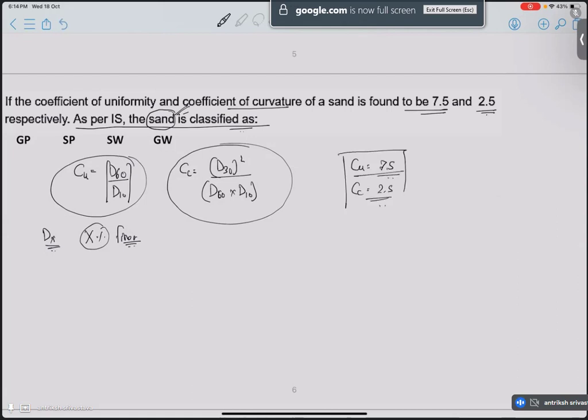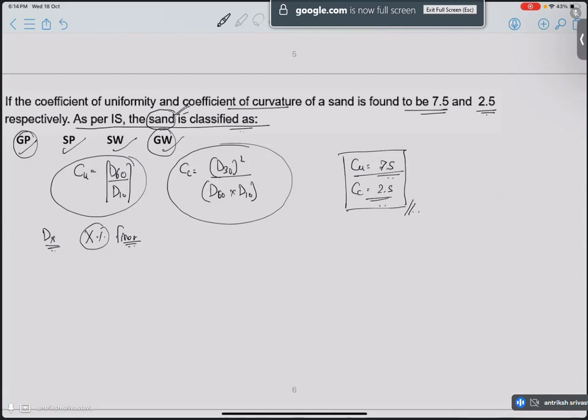So what is this sand going to be classified as? Is it poorly graded gravel, poorly graded sand, well graded sand, or well graded gravel? So first of all, we can move out these options of gravel because in the question itself we are given that it is sand, right?